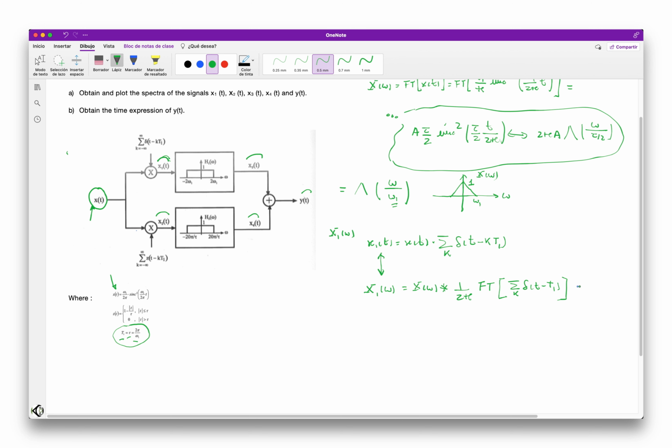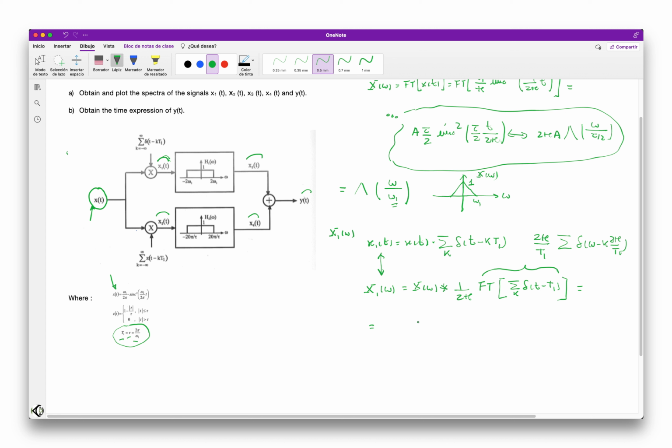Okay, so remember which is the Fourier transform of a train of deltas. The Fourier transform was another train of deltas, but the amplitude was 2 pi divided by t1, and the train of deltas was in frequency, and the separation was 2 pi divided by t1. This was the Fourier transform.